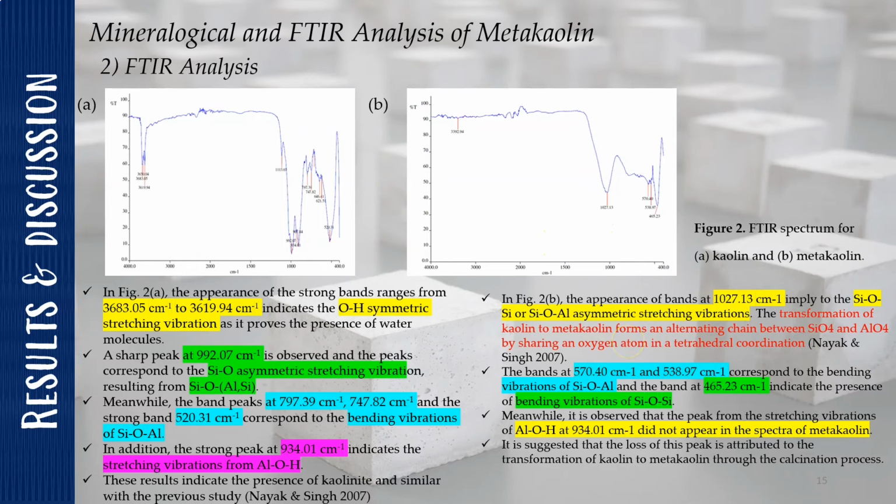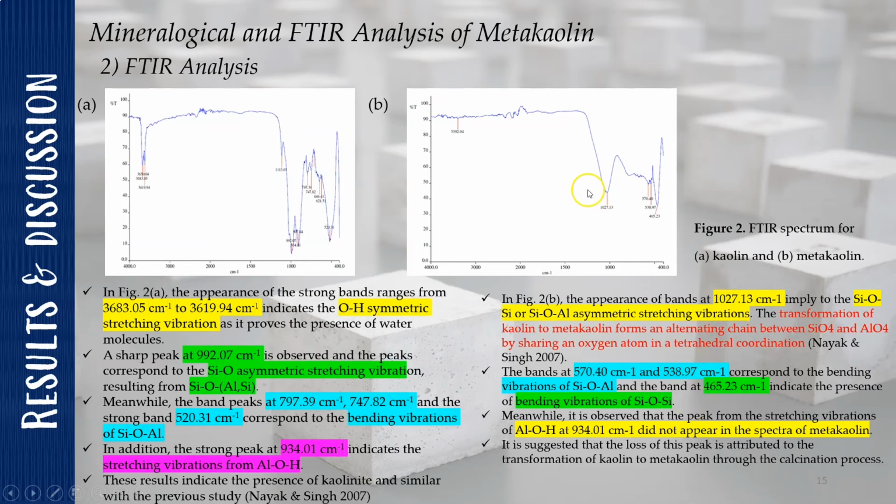The appearance of these bands is due to the transformation of kaolin to metakaolin forms and alternating chains between SiO4 and AlO4 by sharing an oxygen atom in a tetrahedral coordination.